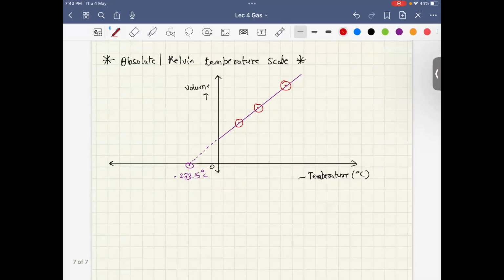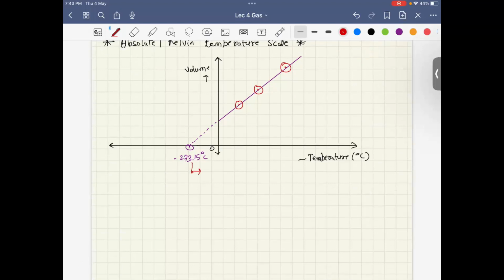Hence, this temperature is what we call, so we defined a new scale, which is different from the Celsius scale, and we call it the Kelvin scale of temperature.